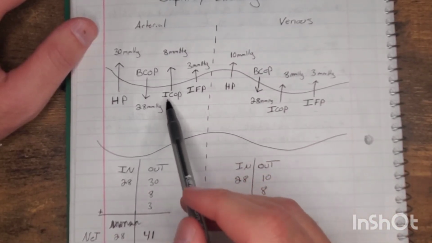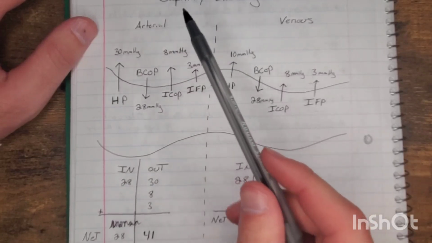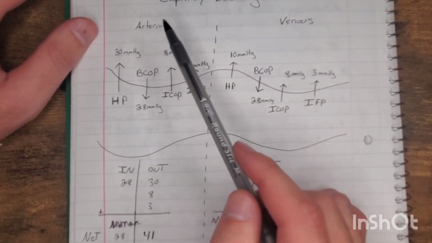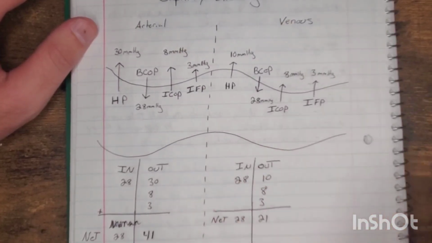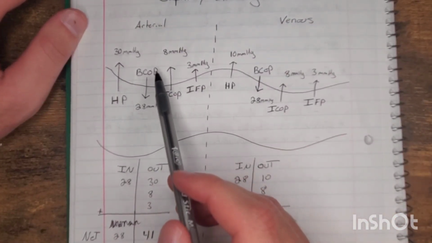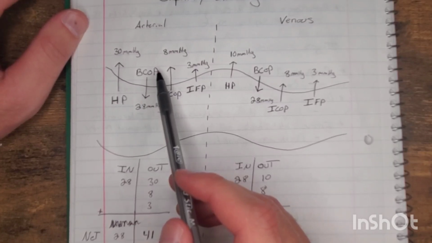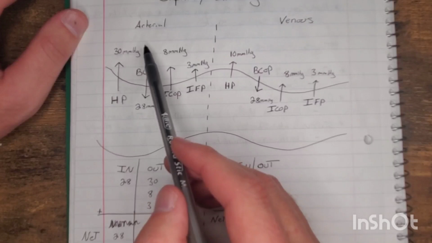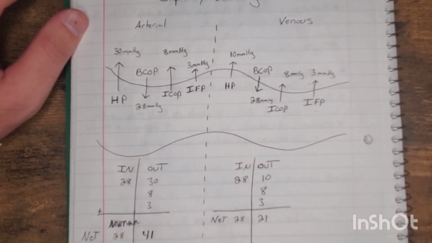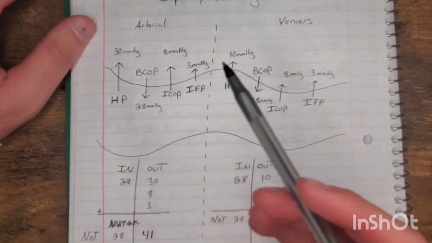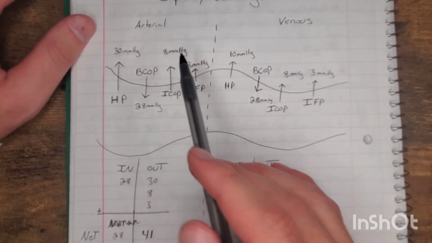Now we have ICOP. Just like the blood, we also have interstitial colloid osmotic pressure. That's going to be the solutes out here in the interstitial space, and that's going to cause a pull of water outside the capillary into the interstitial space.